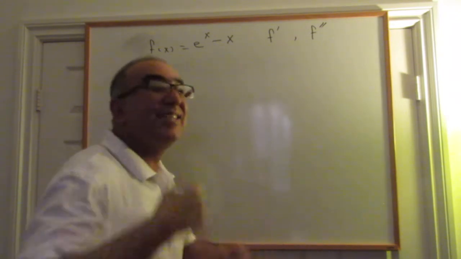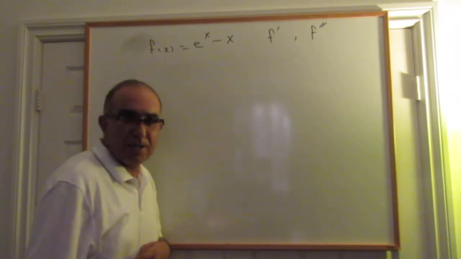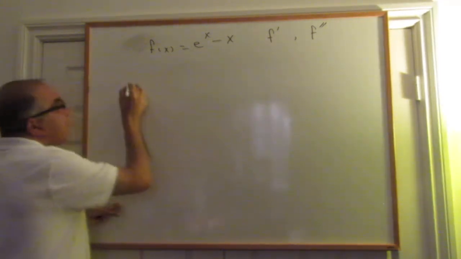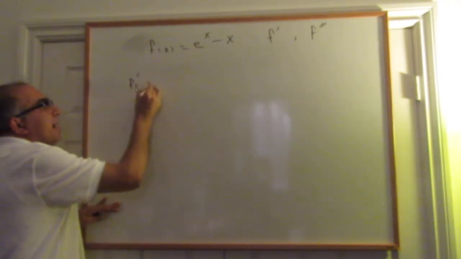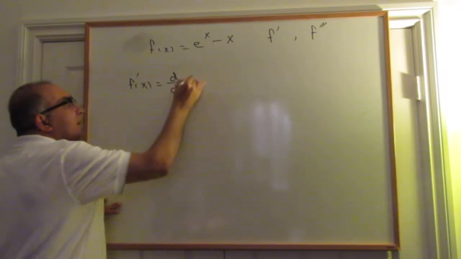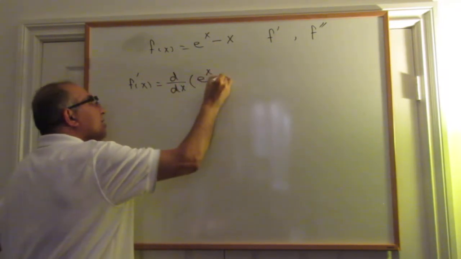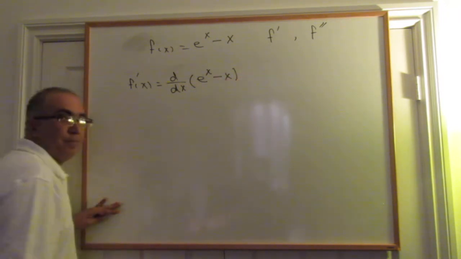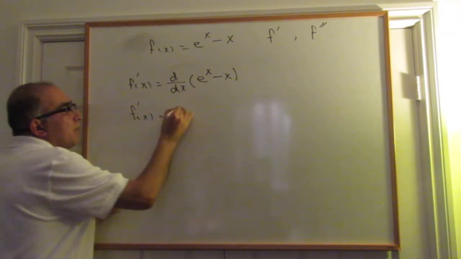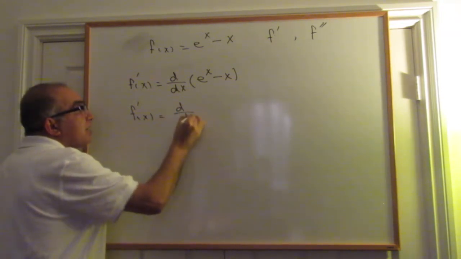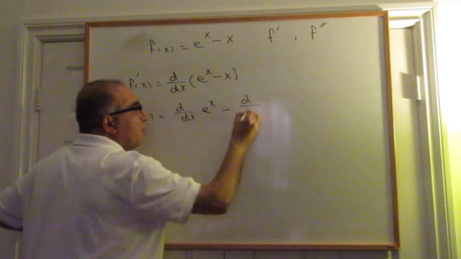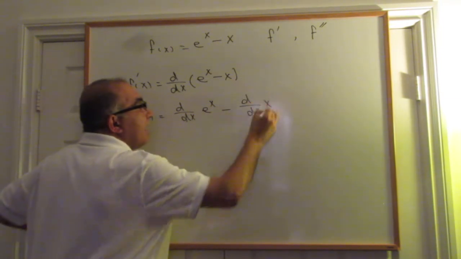It means the second derivative of this function. Now, I will start with f prime. F prime x equals d over dx of e to the power of x minus x. Then f prime x equals d over dx of e to the x minus d over dx of x.